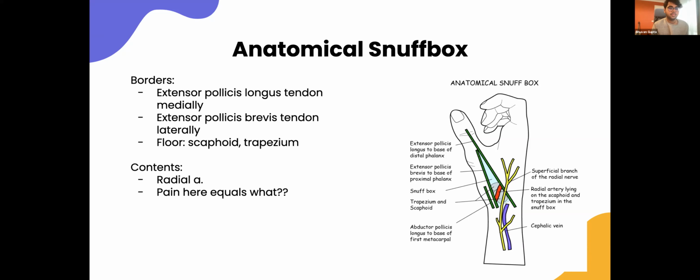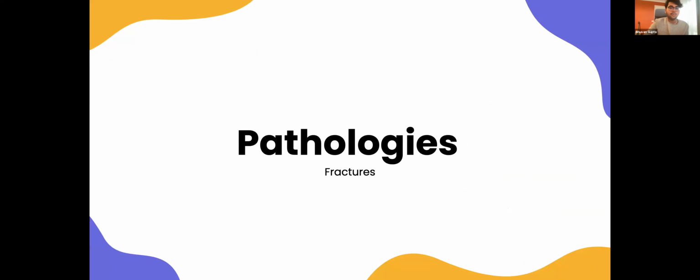Yeah, perfect. So scaphoid fracture, which is of particular concern as well, which we'll look at a bit later, as well as the radial artery, which goes through there and forms the palmar arches.